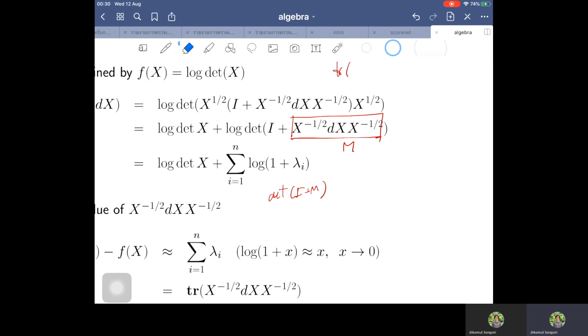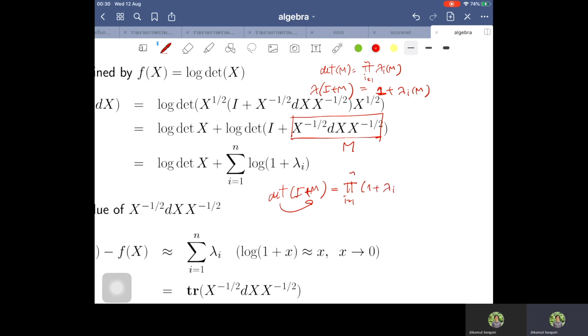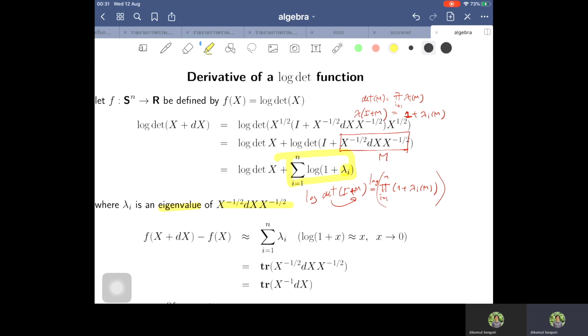First of all, the determinant of a matrix is the product of the eigenvalues of M. The second fact is that the eigenvalue of I plus M is 1 plus lambda of M. Then the determinant of I plus M is the product of 1 plus lambda of M. Now if you take the log of the product, it's going to be the sum of logs, so this is the sum of log 1 plus lambda i, where lambda i denotes the eigenvalues of M.